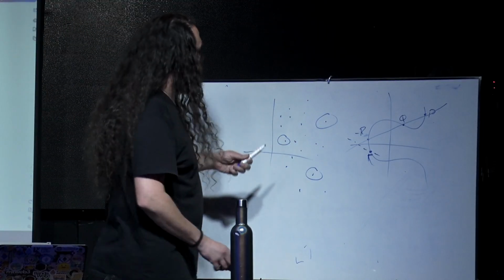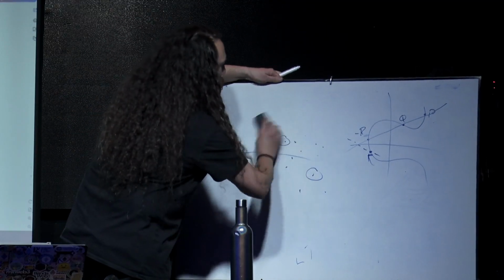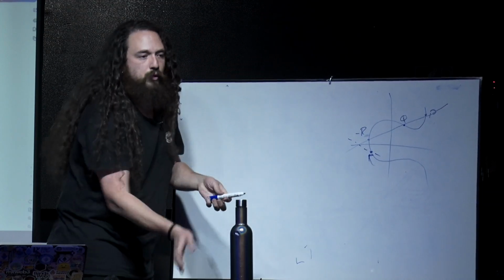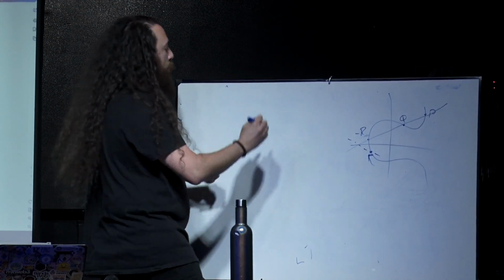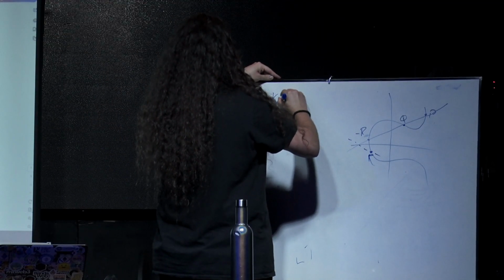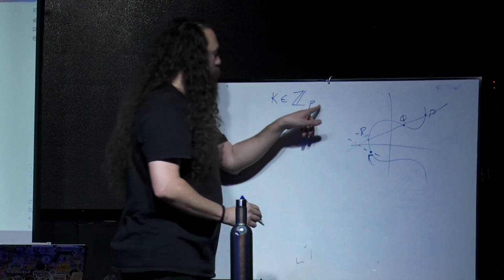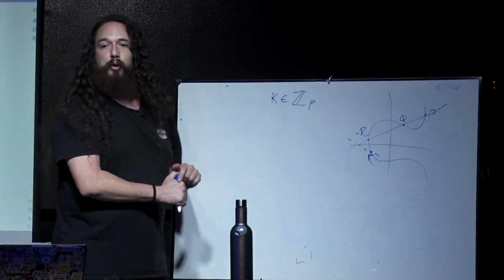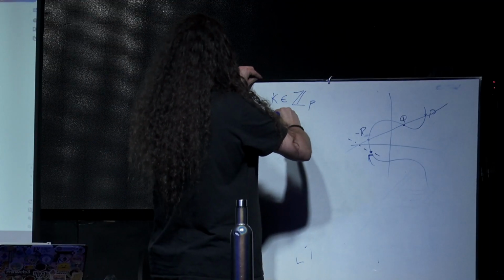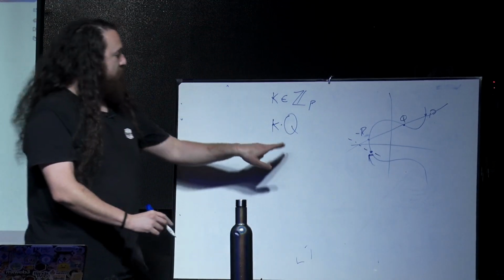The operation we have, that's what I'm coming to, the key now, is multiplying an integer, a number on our chosen group, by a point, right? The operation we will use to get the curves is: there's k in Zp, so integers modulo p. And what we can do is evaluate k by Q. What does this mean?